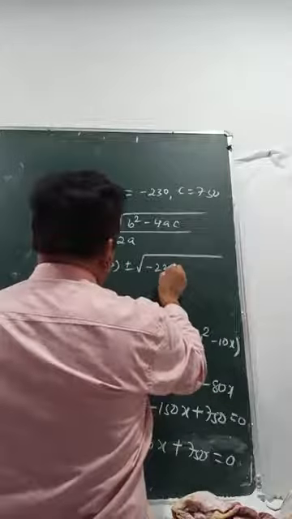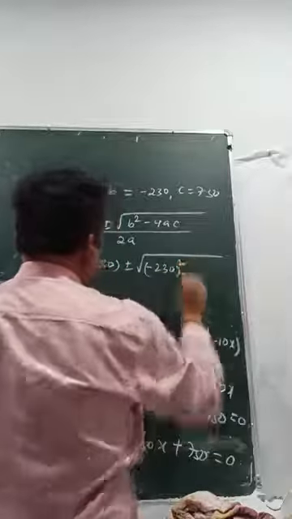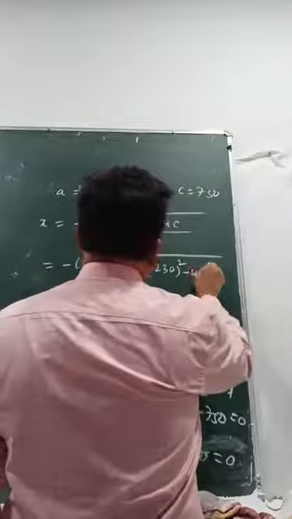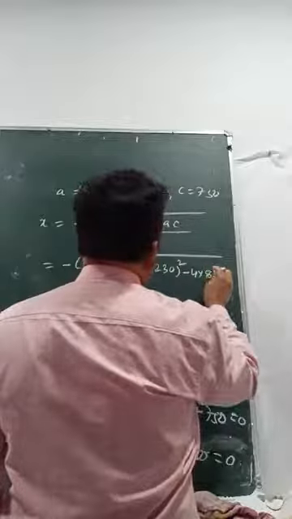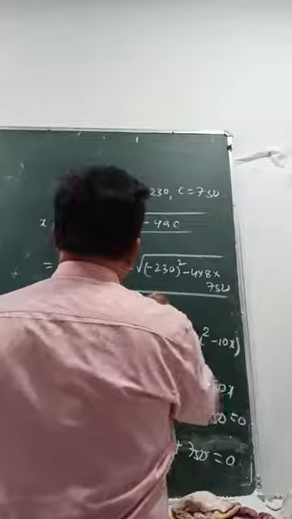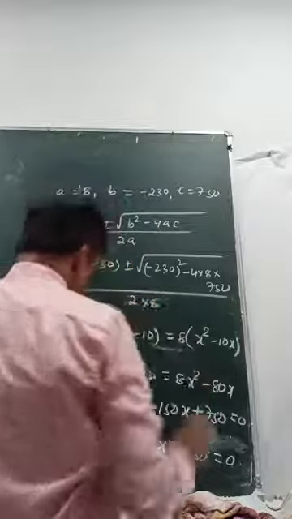Minus 230 square minus 4 into 8 into 750, by 2 into 8.